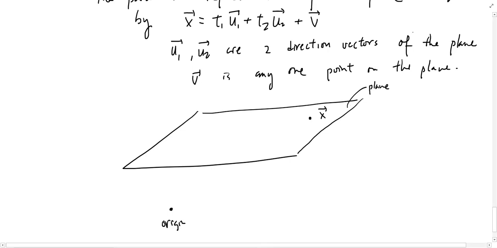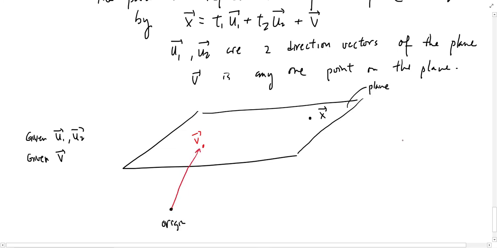Well, let's consider what's given first. In this case we are given the plane, so therefore we know two direction vectors, u1 and u2. We're also given a position vector v on the plane. So how do I describe this one point x in this picture? Well, this is how. First, I'm going to identify point v on the plane.